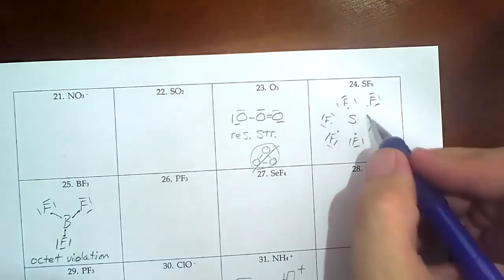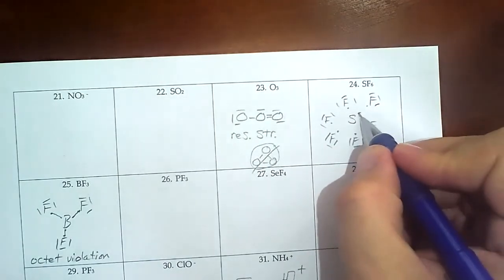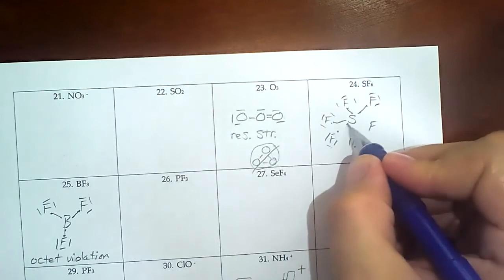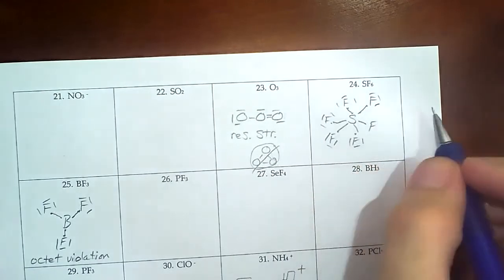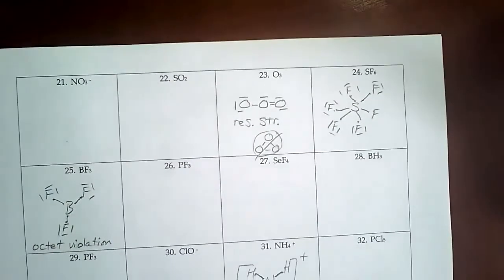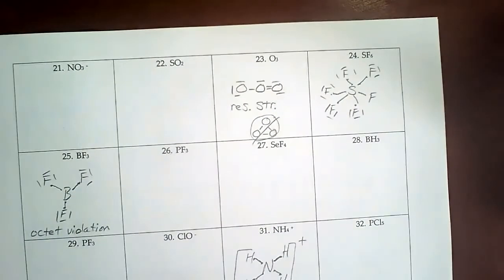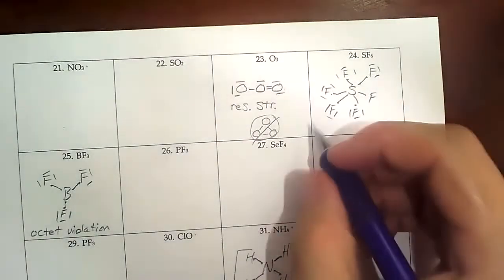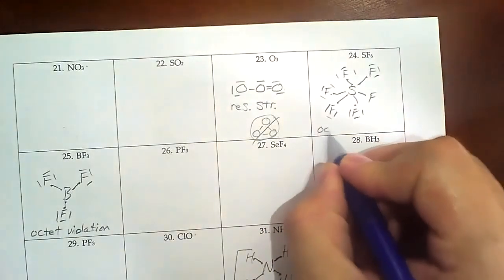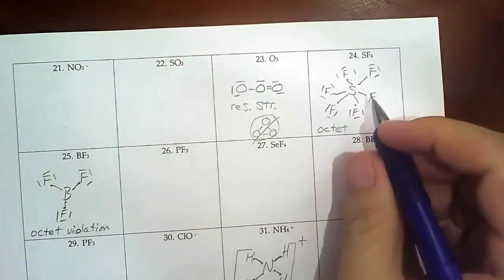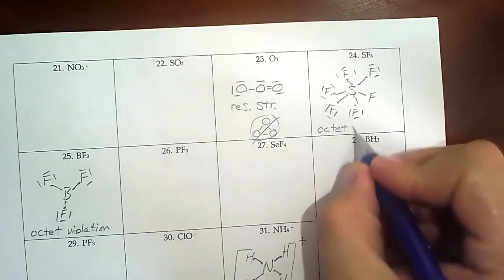You can go look it up, and look how many bonds I have to complete. 6, so 1, 2, 3, 4, 5, 6 from sulfur. And the fluorines are all happy, but if you see how many valence electrons the sulfur has, you have to count all the bonds, and sulfur comes up as a 12, which is very much not 8. So this also is an octet violation, just bigger instead of smaller like the boron.